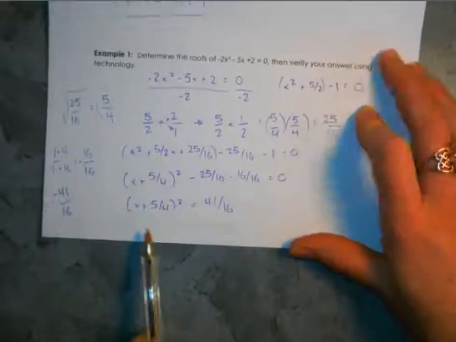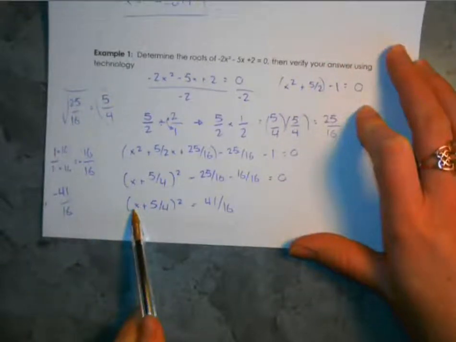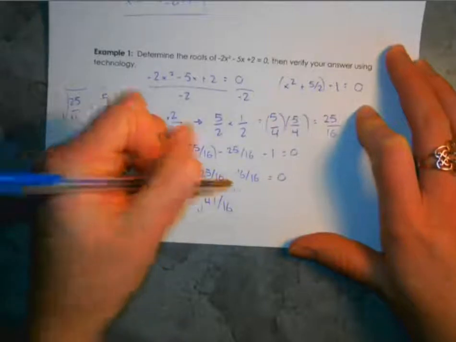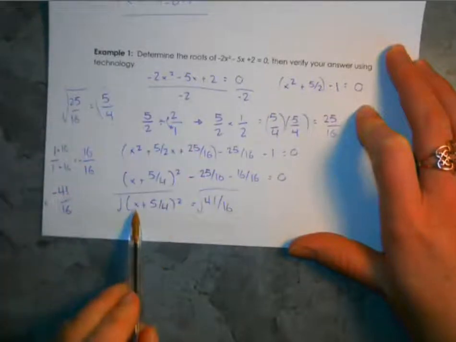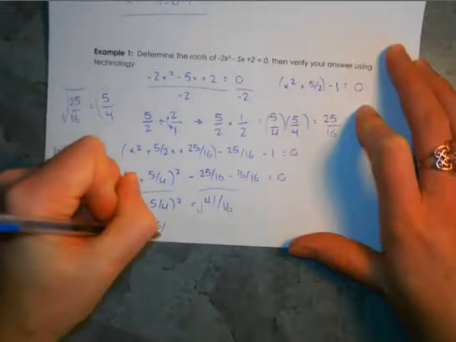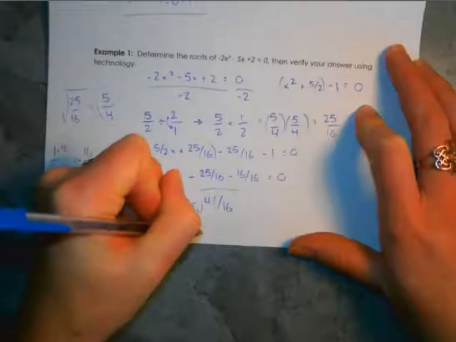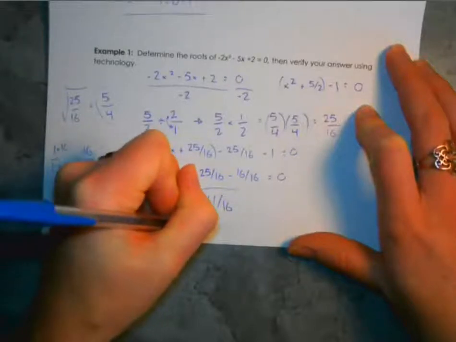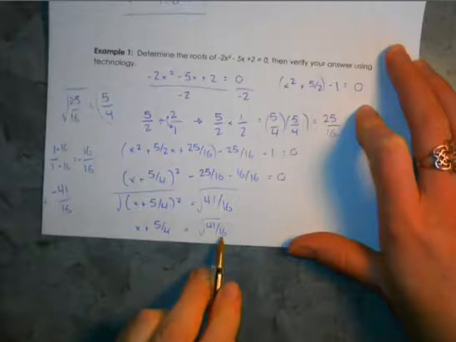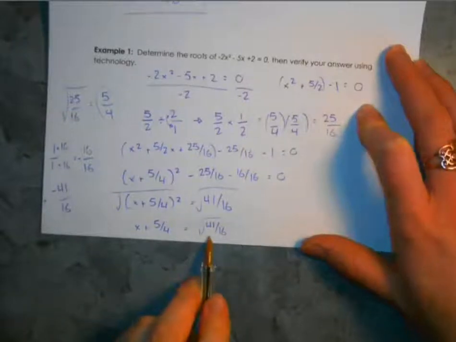Now we want to isolate x. So remember that means we want to square root this guy, square root that guy. And so when we square root this, we end up with x plus 5 over 4 is equal to the square root of 41 over 16. If this would have been a perfect square, we could have square rooted both of these, but because it's not, we want to leave it as is.